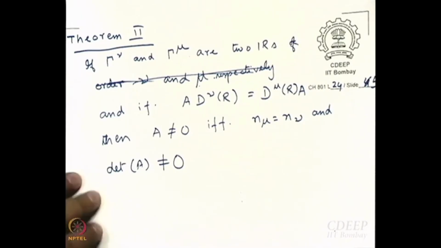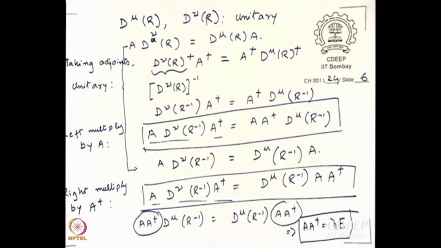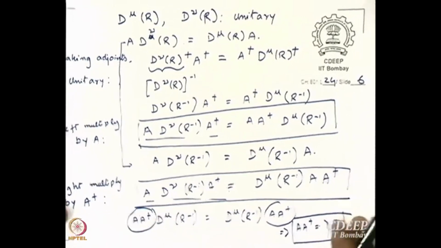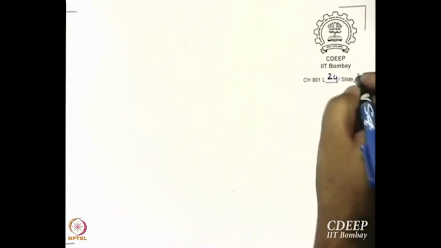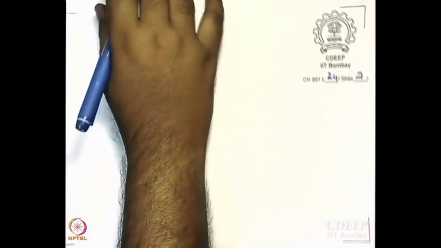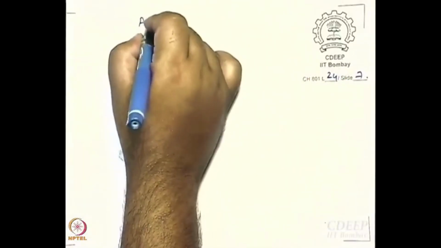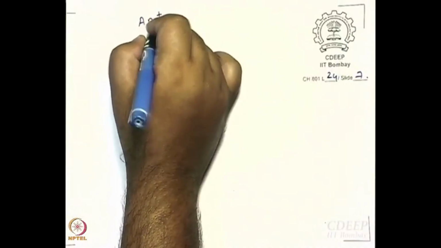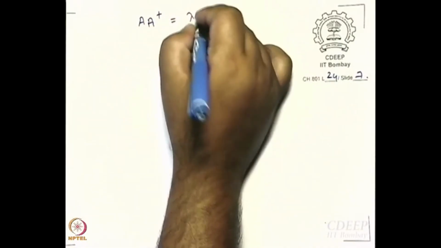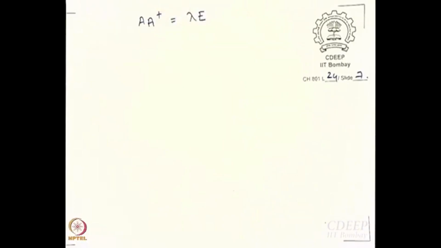That is what we will prove now. Actually, we are almost there. So, what have we got? We have got A dagger, dimensionality, yes.